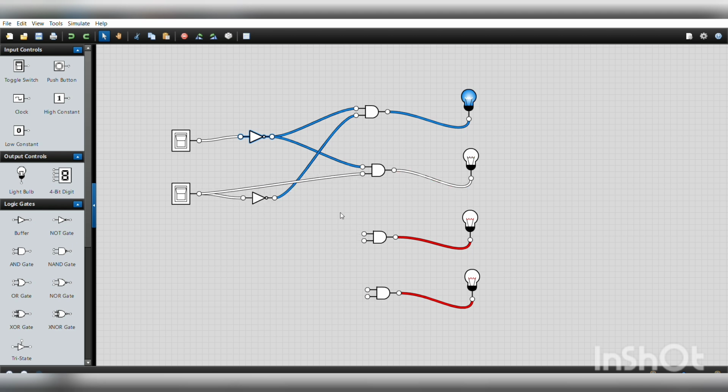So for here, your A is 1 and your B is 0. And for this case, your A is 1 and your B is 1. This is how the connection is made.